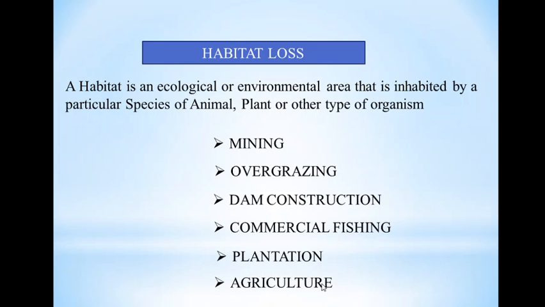Earlier, jhum cultivation or shifting cultivation was carried out. Because of these sorts of agricultural practices, we have lost maximum forest. But these days, after the settlements, agriculture land is growing like anything, and that is engulfing and encroaching the forest, and that has become a main threat to the loss of biodiversity.